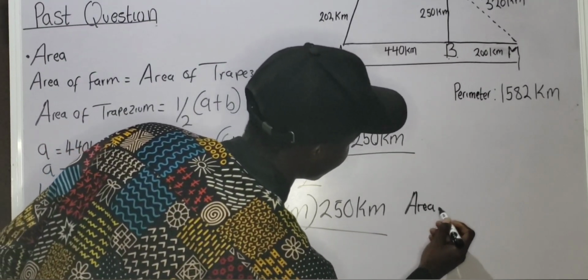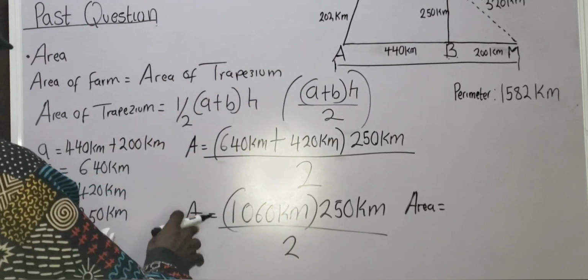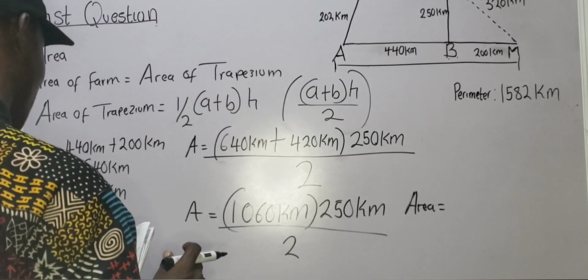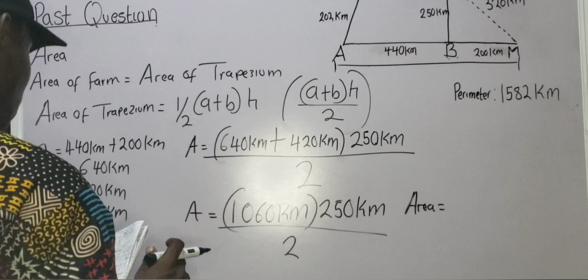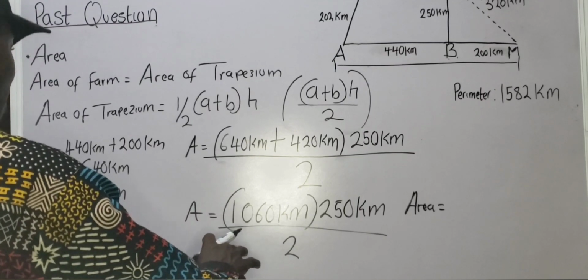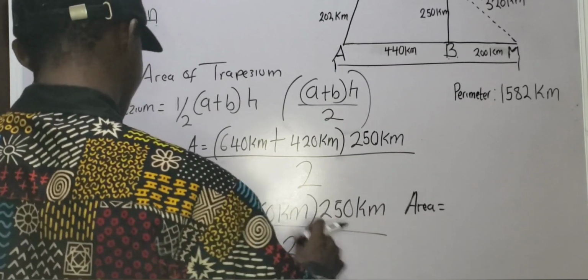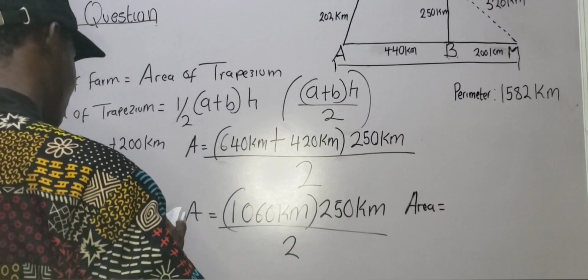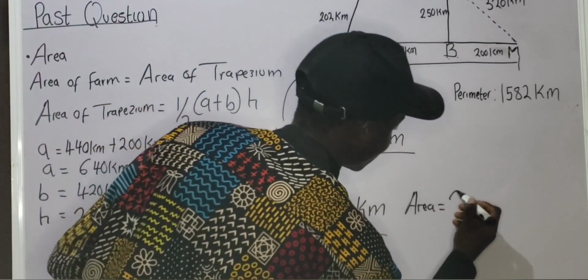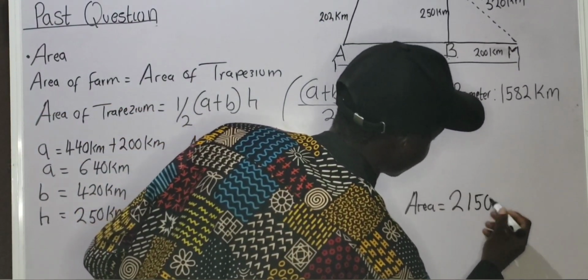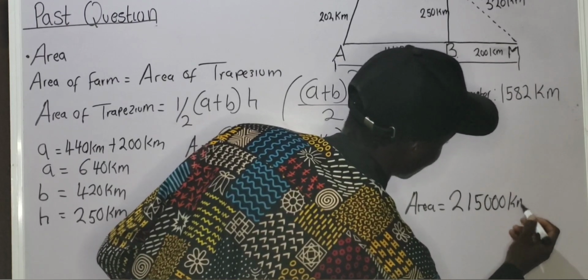So the area is equal to 1060 kilometers multiplied by 250 kilometers, which will give us 265,000 kilometers squared.